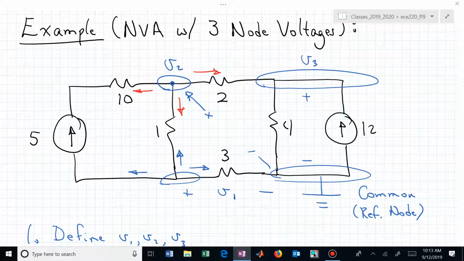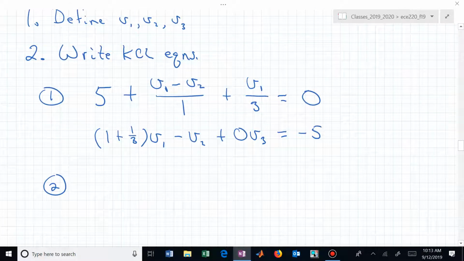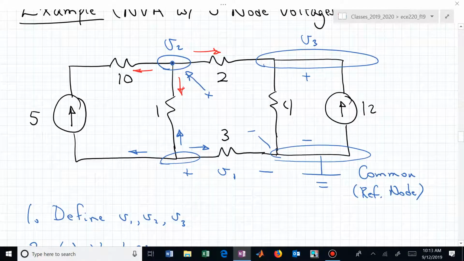It's going counter to how 5 is actually going. We see that? The current going to the left is now minus 5. What's going down? It's where we are, V2, minus where we're going, V1, divided by 1.